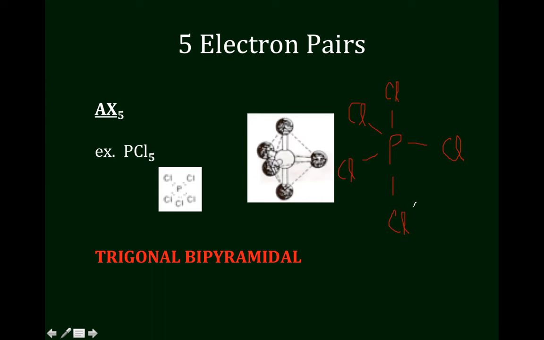And you can see what we're going to do is we're going to have to replace one of these atoms with a lone pair of electrons. And the decision is, do we replace in the equator or do we replace at a pole? Well, if I replace at the pole, what I'd get is a 90-degree angle between 3 atoms and the chlorine.